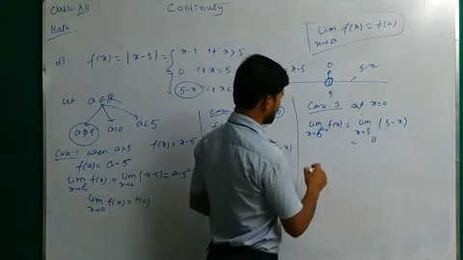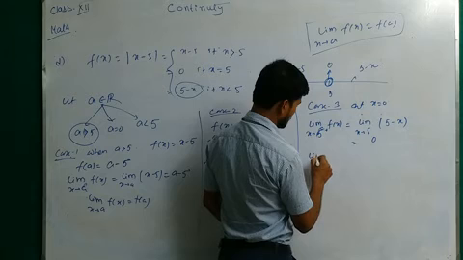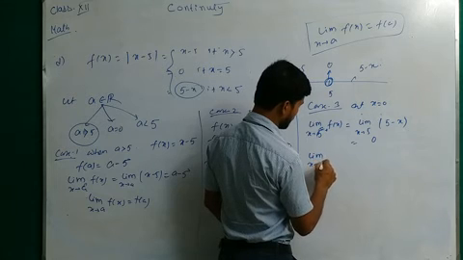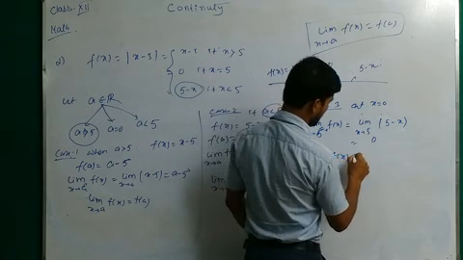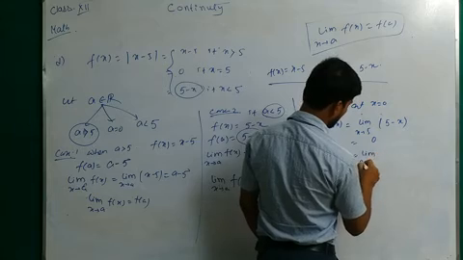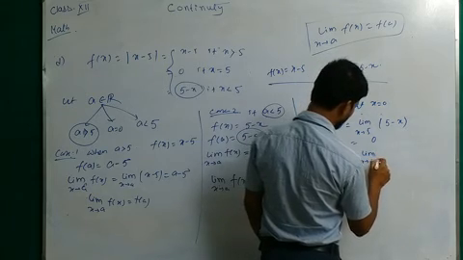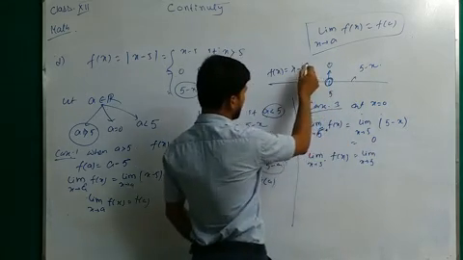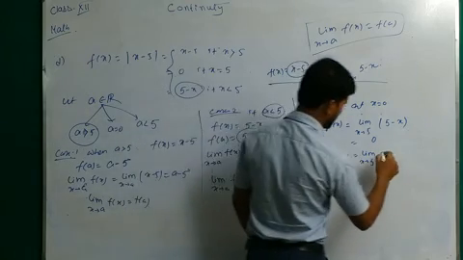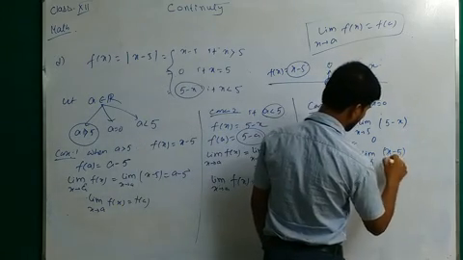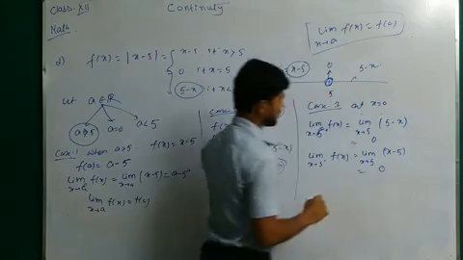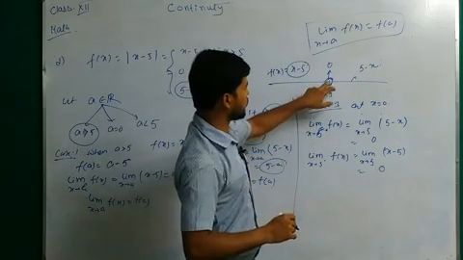And for limit x tends to 5 minus f of x, for 5 minus it will take this function. So the function is again 0, and the functional value at the point 5 is also 0.